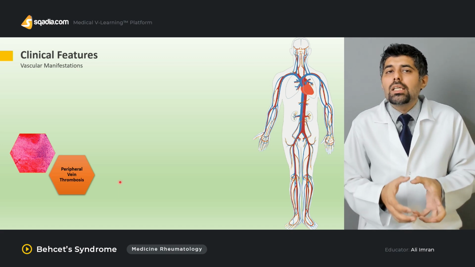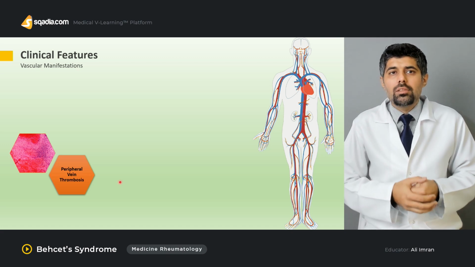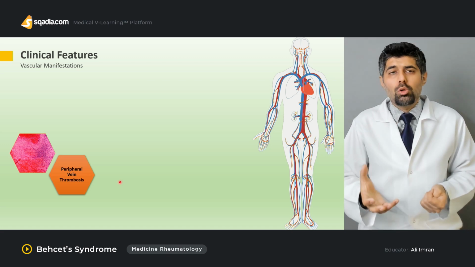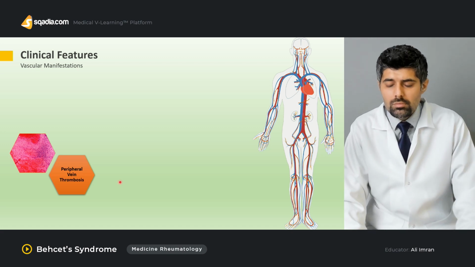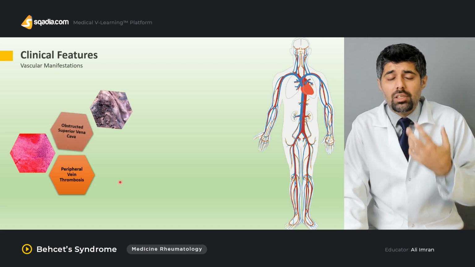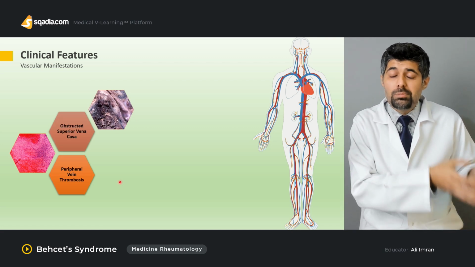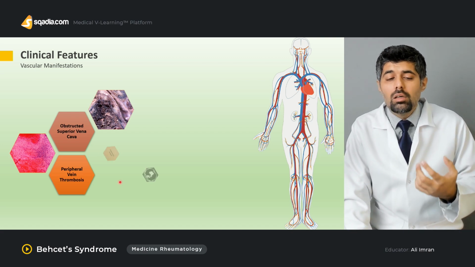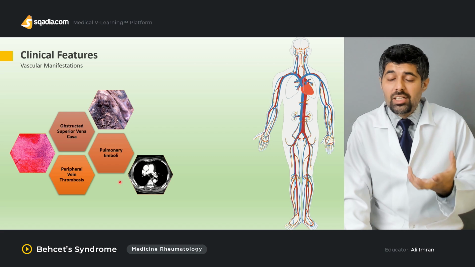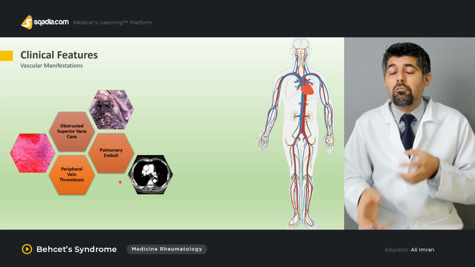In either case, it must be treated as an emergency, and low molecular weight heparin must be given to treat it. The other symptoms usually associated with Behcet's disease are the obstructive vena cava. It can also, like I said, present as pulmonary emboli, even though chances are very rare.